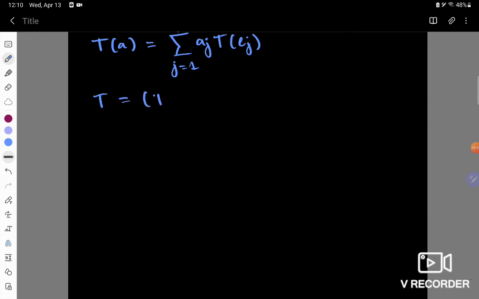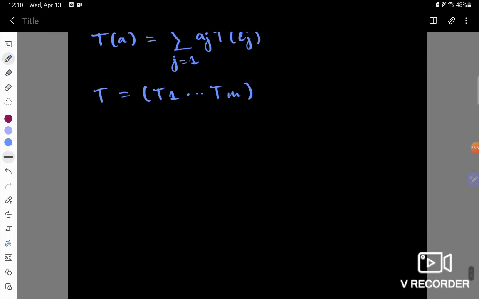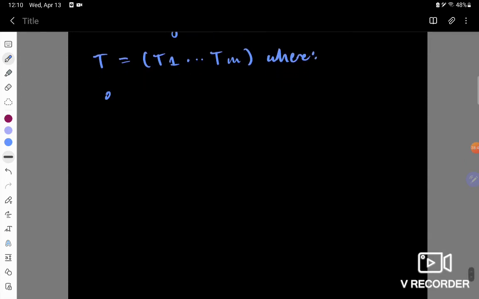T can be written out itself as components, and this is a little bit of an abusive notation, I think, but hopefully it's clear what I mean. These are going to represent the columns. So you're breaking up your linear transformation into the, sorry, I meant columns. So where each T sub j is from Rn to R for each component now.